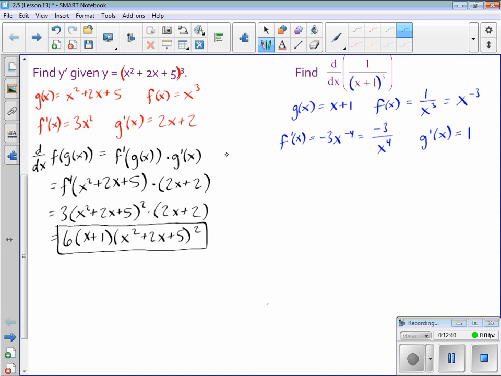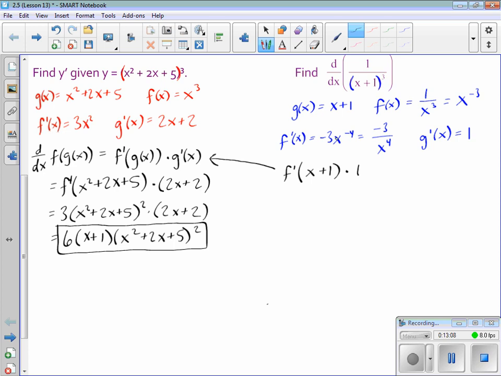And then I'm just going to use this same rule from here. So I'm doing f prime of g of x. F prime of what's my g of x? X plus 1. Times g prime of x. What's g prime of x? 1. So the nice thing is I don't even have to worry about multiplying by this piece back here this time.